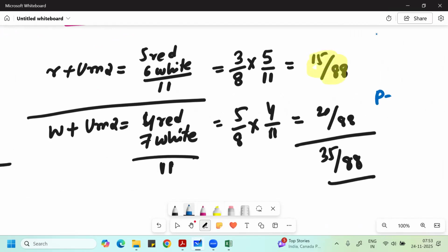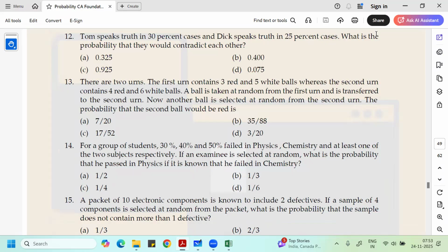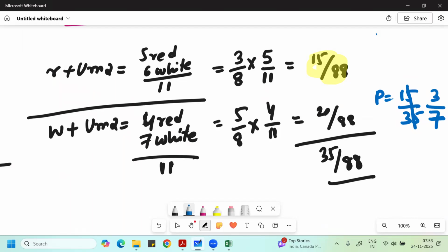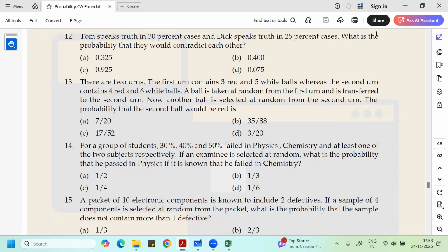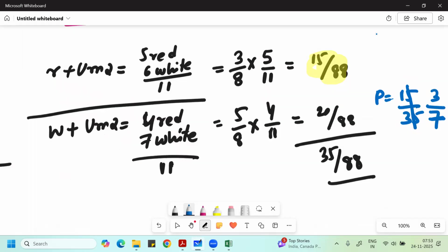Your probability would be 15 by 35 or 3 by 7. Yeah, sorry. The total is 35 by 88.